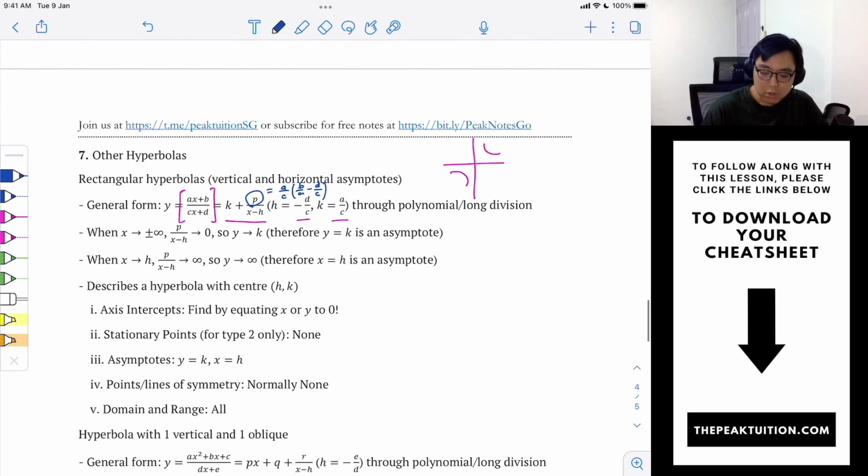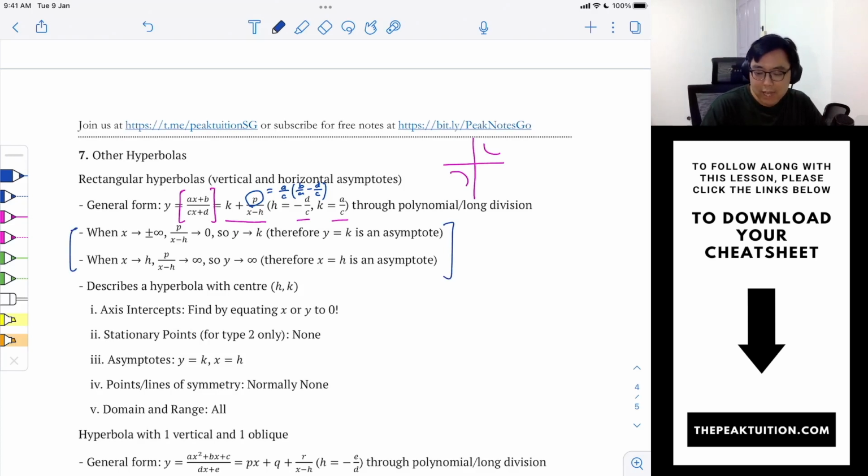Okay, so basically this will give us a 1 over x graph centered at the (h, k) position, (h, k) as in the coordinate h comma k. So the rest of it is justifying where our two asymptotes are.